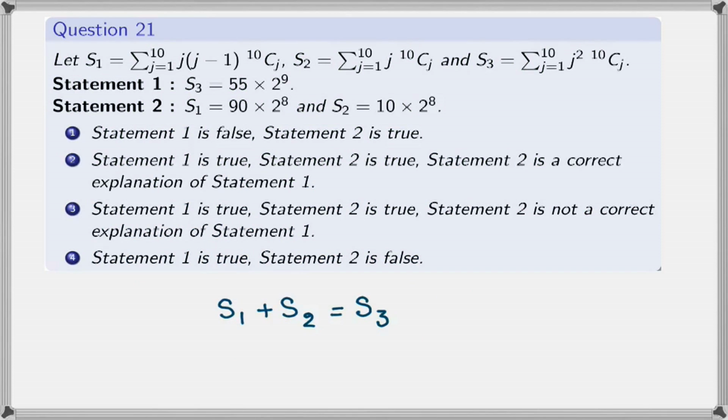In statement 2, the value of S2 is given to be 10 into 2^8. Therefore, statement 2 is false. Now, from the given options, it is very evident that option 4 is the only possible correct answer, but for the sake of completeness, let us find out the values of S1 and S3.